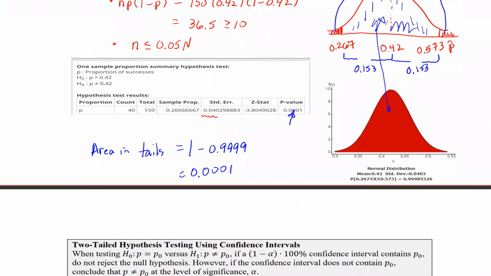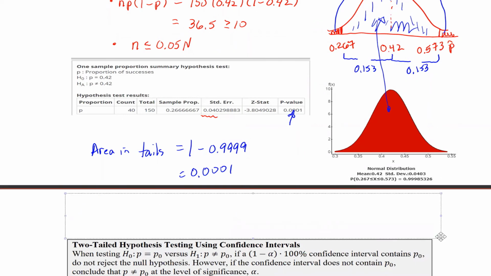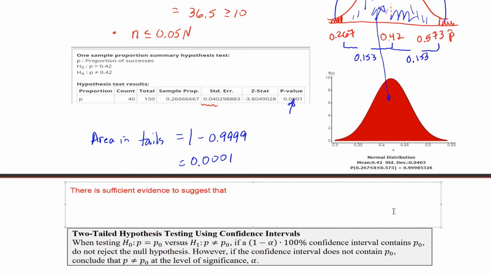Now, certainly this p-value is low, and because that p-value is low, that's pretty significant evidence against the statement in the null hypothesis. There is sufficient evidence to suggest that the proportion of college-age males who say blue is their favorite color differs from males in general.